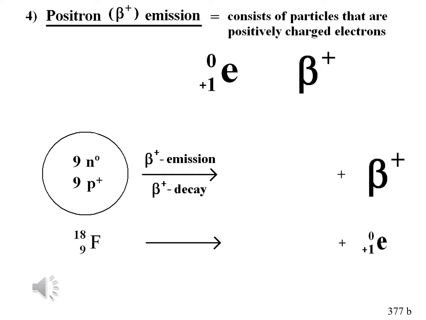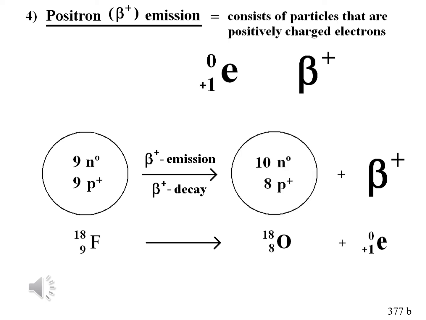Well, let's do the same thing we did with beta. Let's complete the reaction. In order to make the bottoms add up, you would need an 8. In order to make the top add up, you need 18. And element 8 is oxygen. And this is one of the stable isotopes of oxygen, oxygen-18. Now, what's in the nucleus in an oxygen-18? Well, you can see that there would be 8 protons and 10 neutrons.